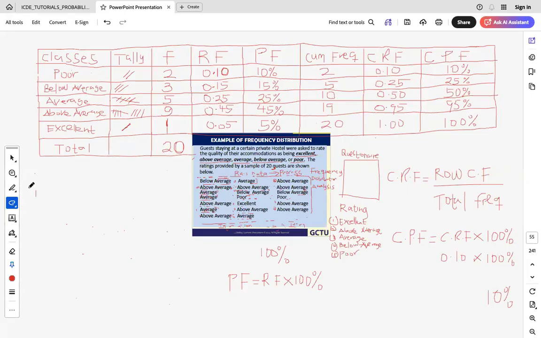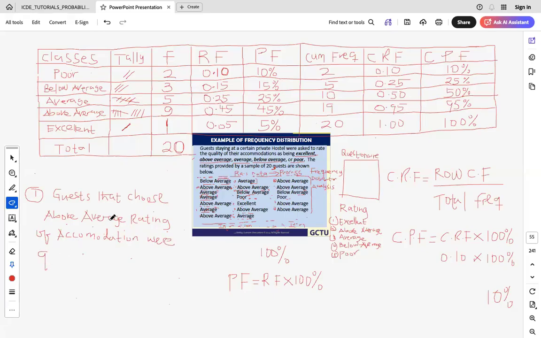Information number 1. So we write that guests that chose above average rating of the accommodation were 9.